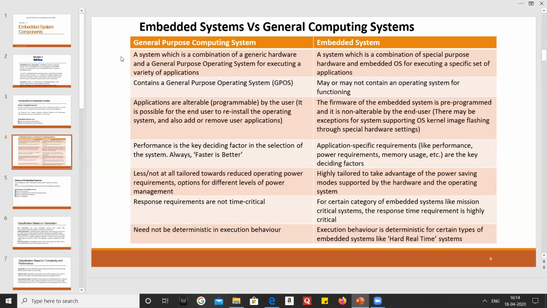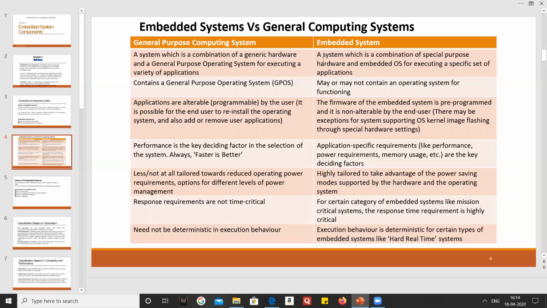What is the first difference? A general purpose computing system is a combination of generic hardware. The hardware is general because it has to support all the applications. And it has a general purpose operating system. Even the operating systems are general purpose. You take Windows, it supports various applications. Now in contrast, let us see the embedded system part.